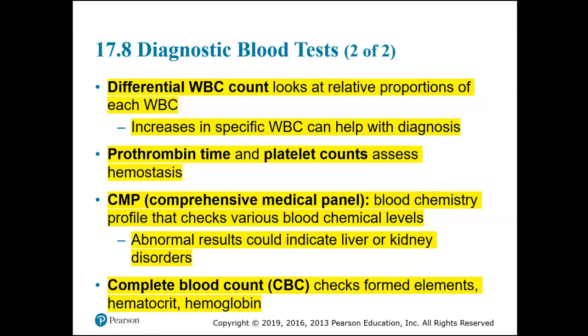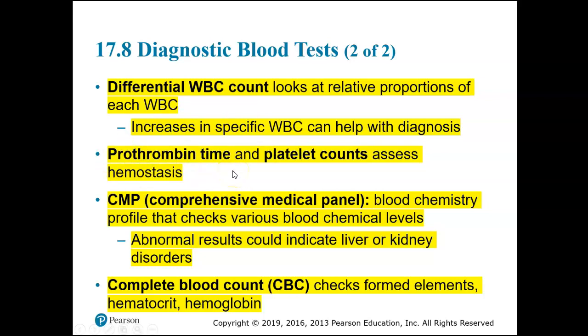This last section is on diagnosing conditions using blood tests. A common test is the differential white blood cell count. If you have increases in certain white blood cells, that can diagnose certain diseases.